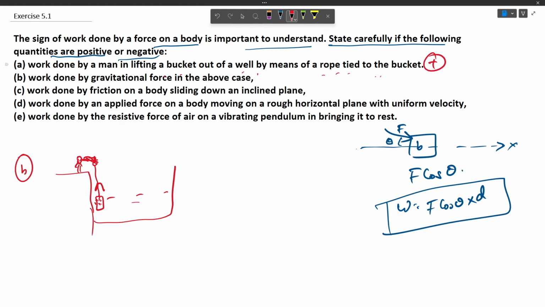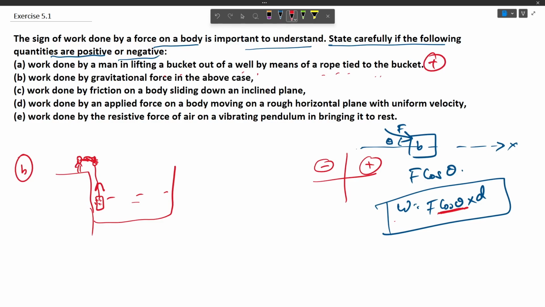Now for the sign of work done, we can find out using this cos theta. When cos theta is negative, the work done is going to be negative. Theta is positive in the first quadrant and negative in the second quadrant.